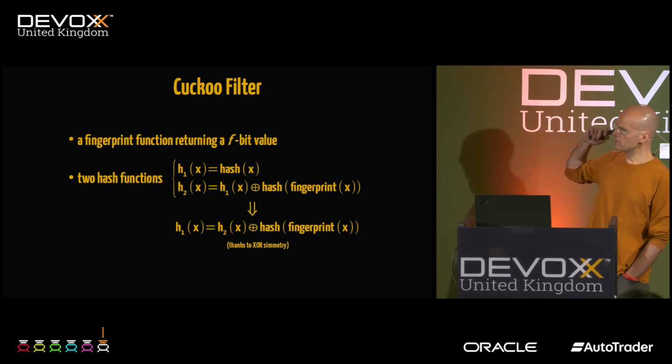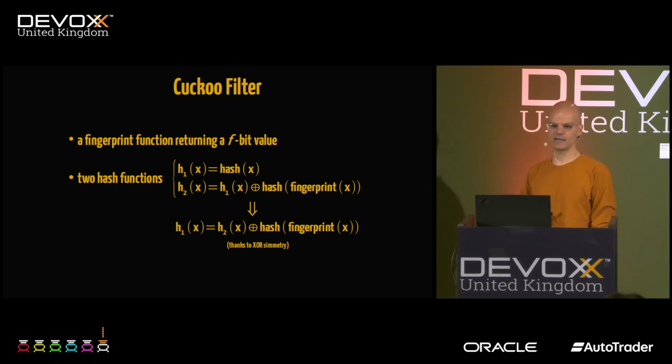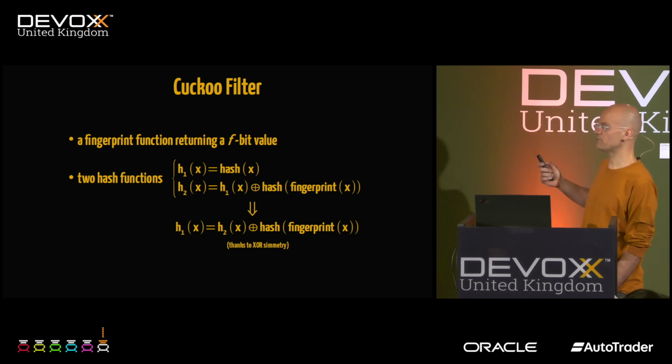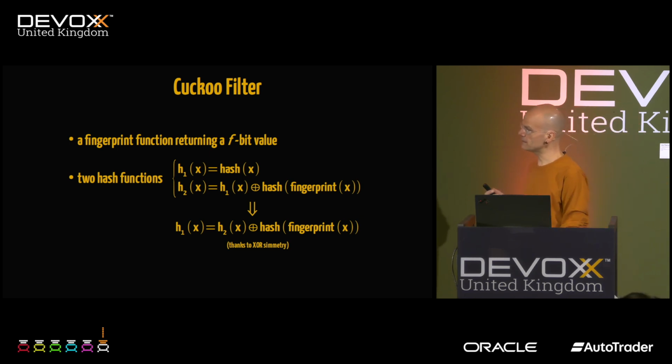So as I said, the fingerprint is a function returning a fixed bit size value. And the two hash functions are, the first one is defined as a normal hash function, and the second one is defined as the result of the hash function XOR the hash of the fingerprint.